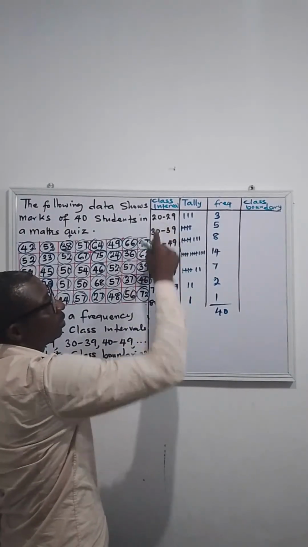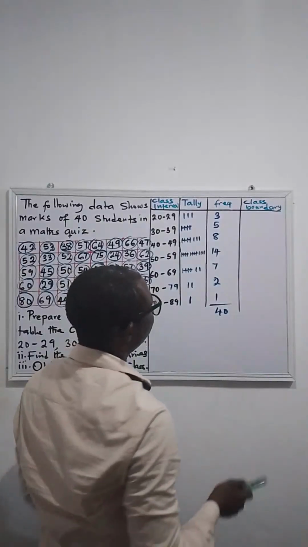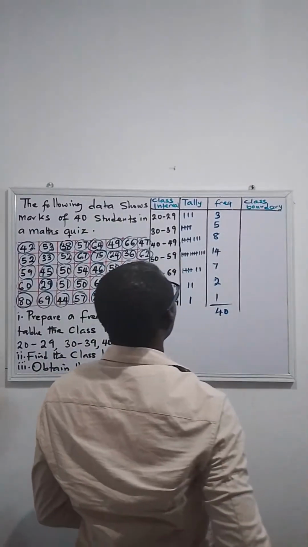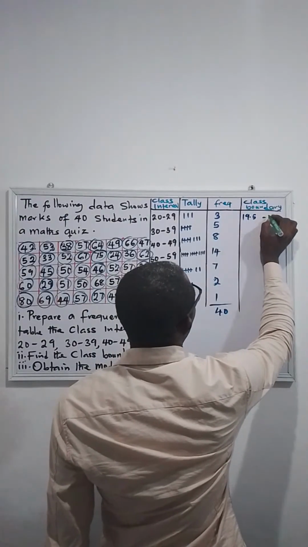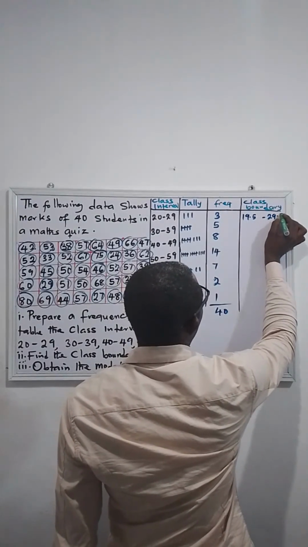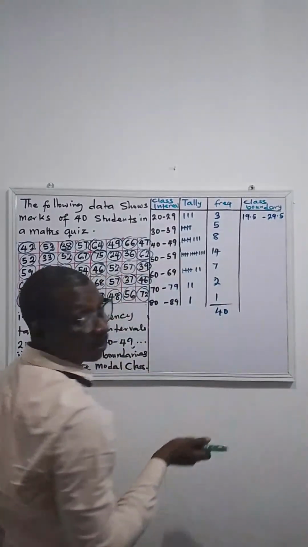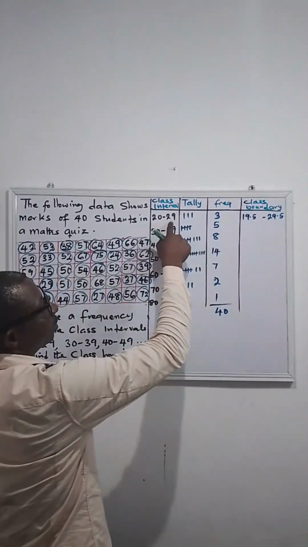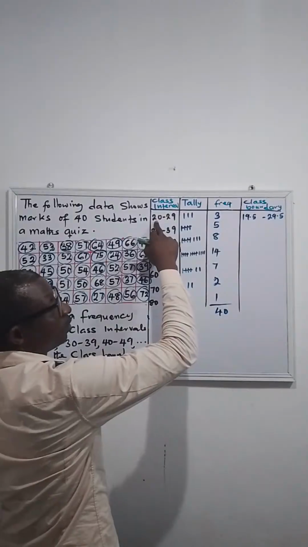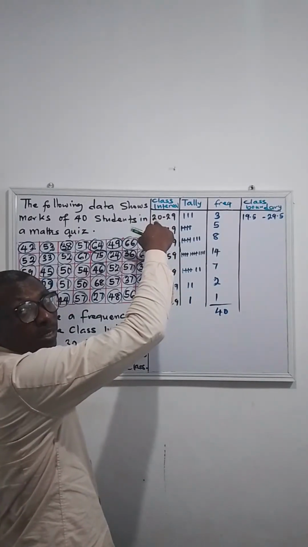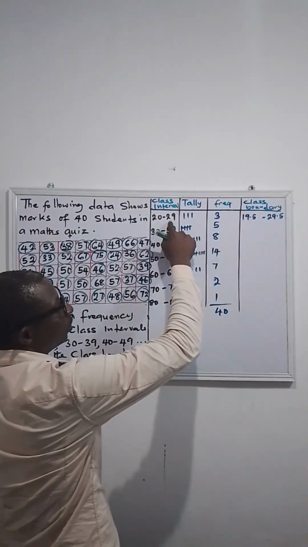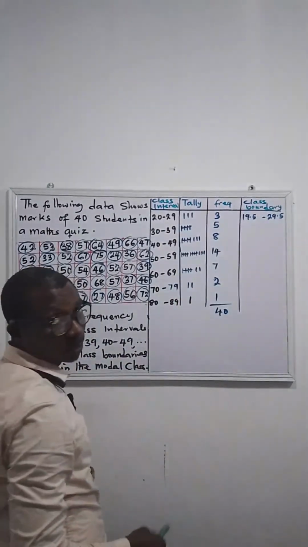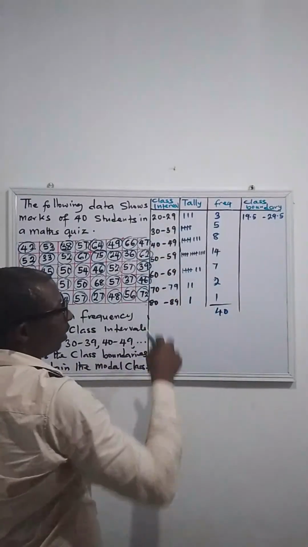So the class boundary for this is 19.5 to 29.5. Do you get that? When you remove 0.5 from 20, you have 19.5. When you add 0.5 to 29, you have 29.5.